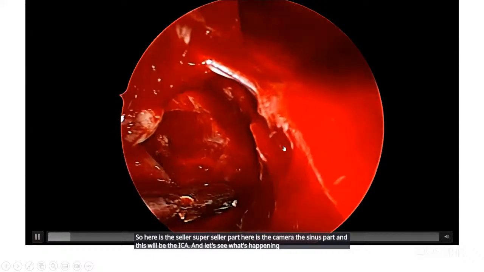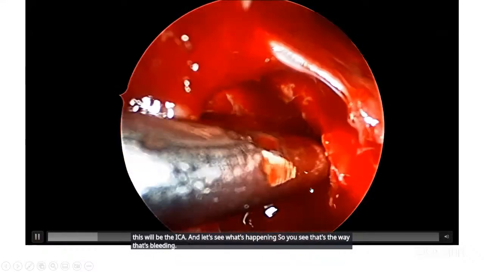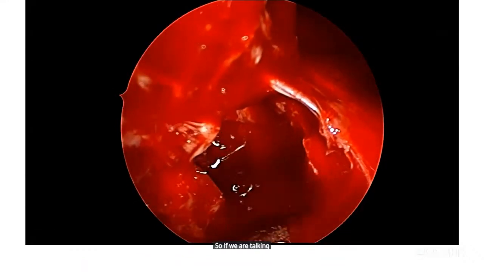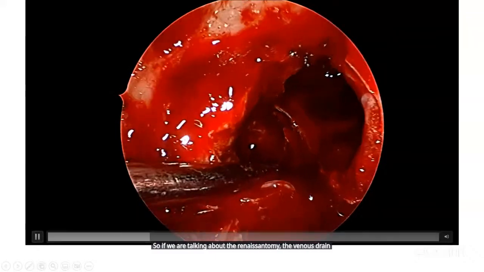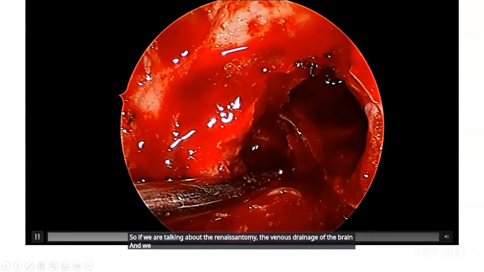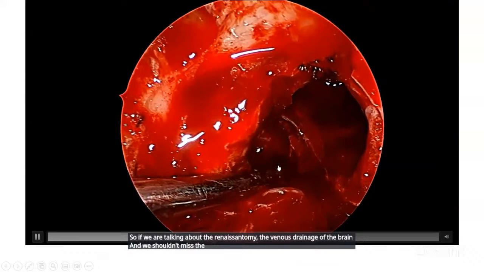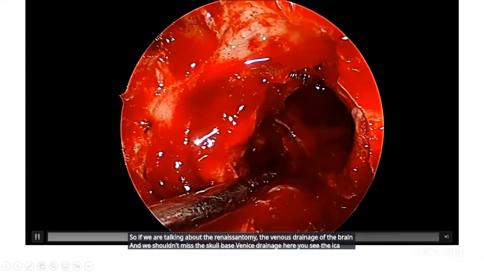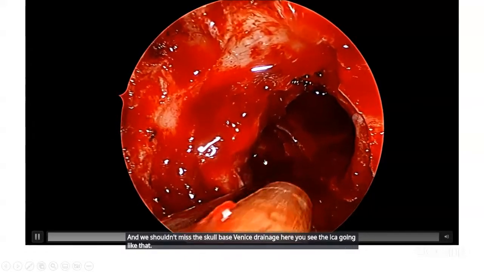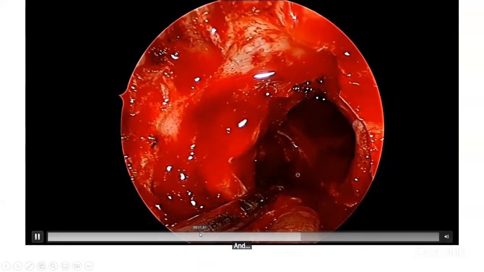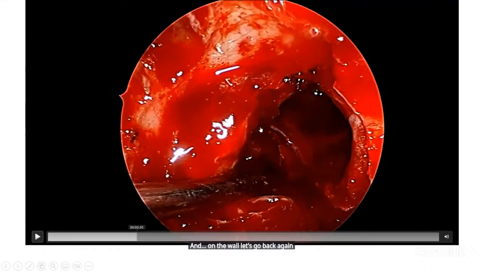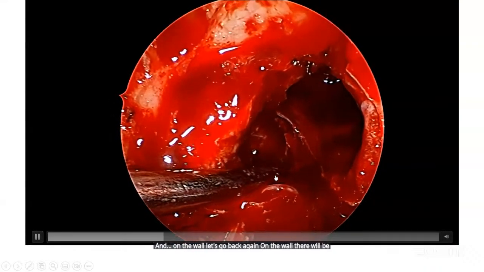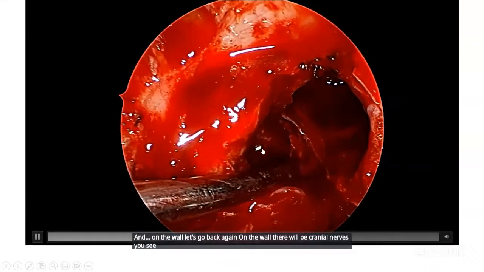So you see, that's the venous bleeding. If we're talking about the venous anatomy, the venous drainage of the brain, we shouldn't miss the skull base venous drainage. Here you see the ICA going like that. And on the wall, let's go back again, there will be cranial nerves, you see. Third, fourth.